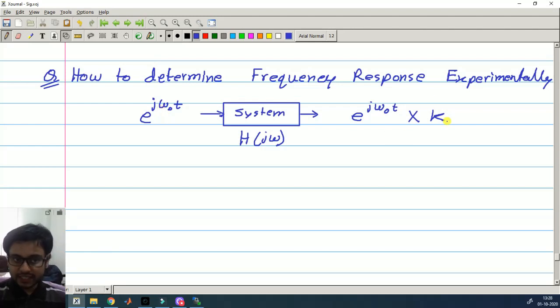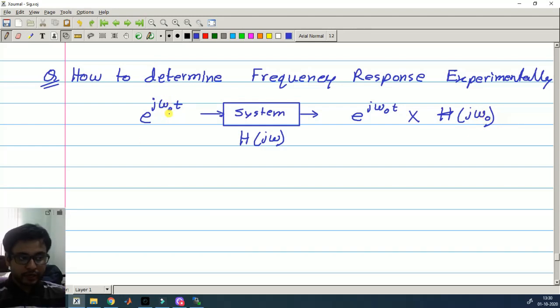And what is this something? This something is nothing but H(j omega naught), that is the value of the Fourier transform of impulse response at the frequency omega naught.